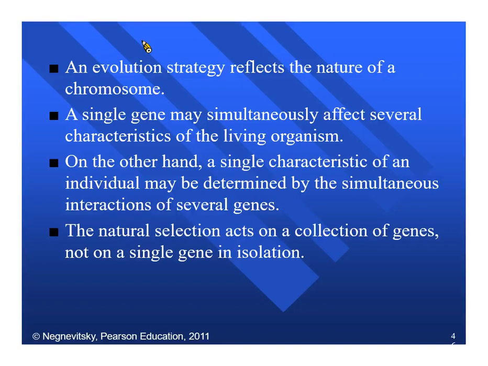On the other hand, a single characteristic of an individual may be determined by the simultaneous interaction of several genes. Natural selection acts on a collection of genes, not on a single gene in isolation.